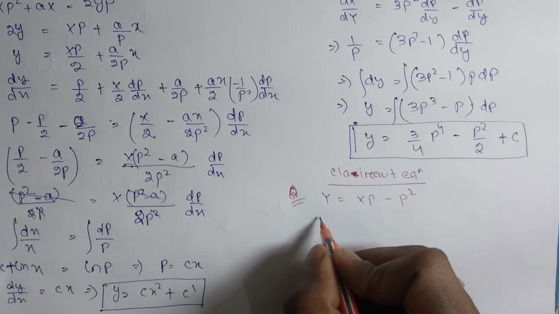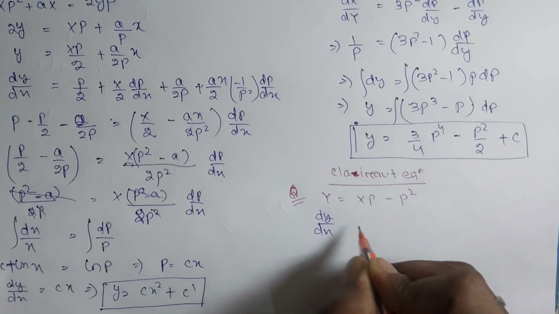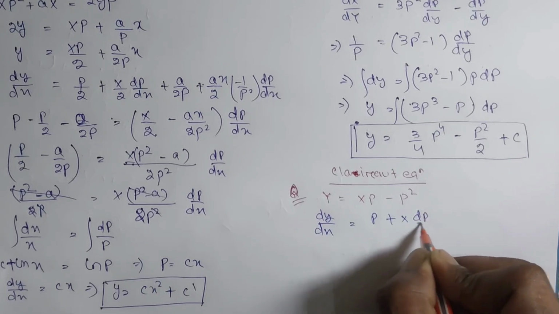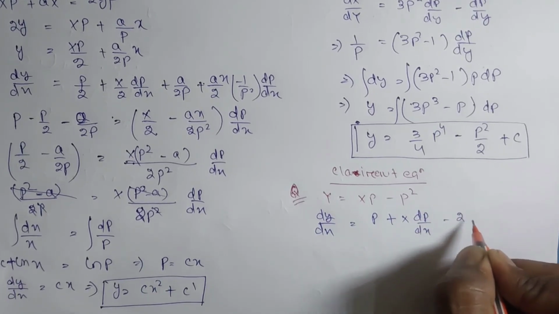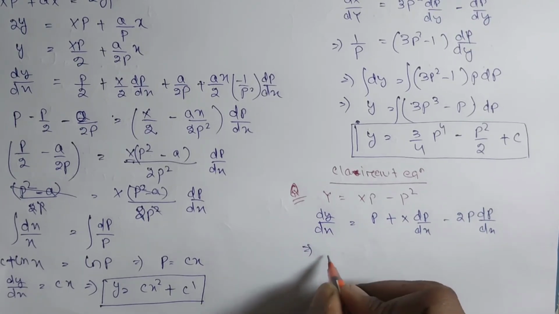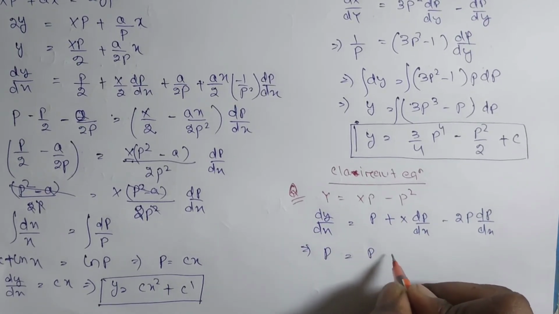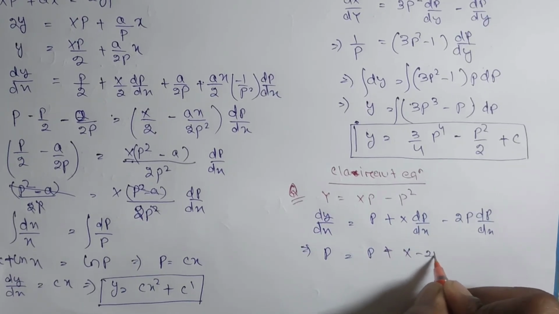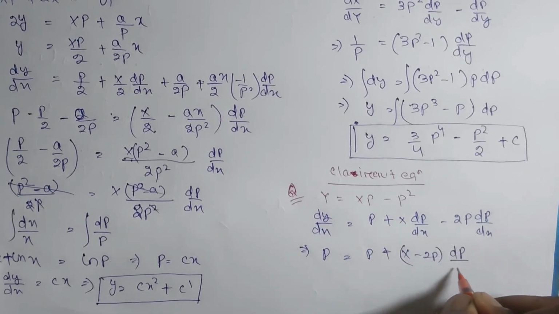So now if we differentiate both sides with respect to x, we get dy by dx equals p plus x dp by dx minus 2p dp by dx. Since dy by dx is p, p equals p plus (x minus 2p) dp by dx.